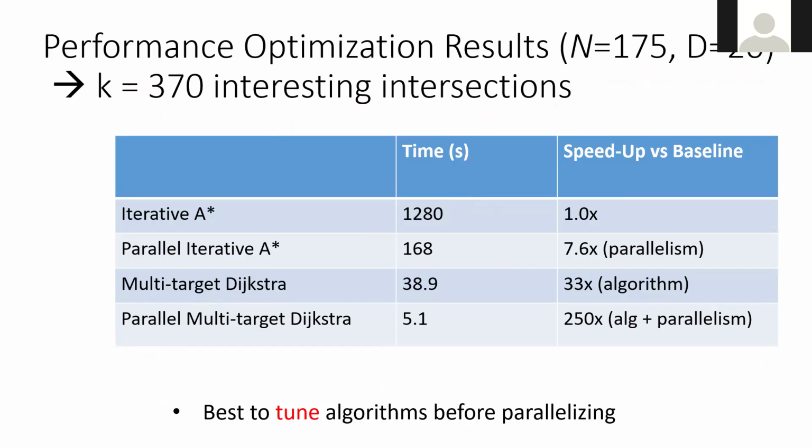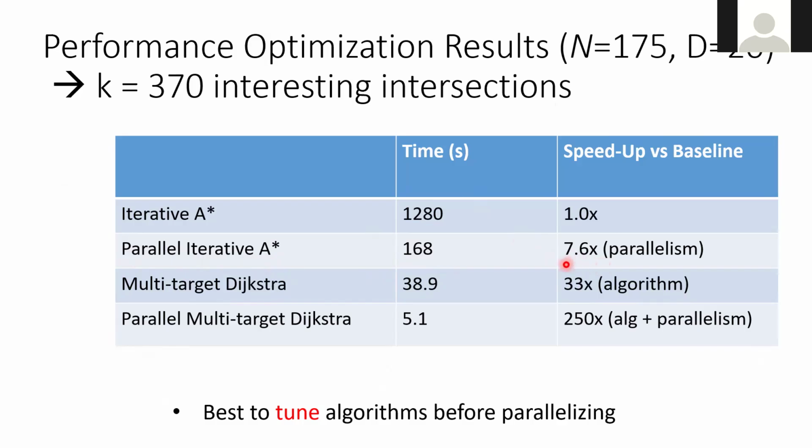If we just use iterative A star, single threaded will take 1,280 seconds, and we treat that as the base case. Then we compare parallel iterative A star. We don't do anything other than making it parallel, so we're parallelizing the k squared v log v. And we get a 7.6x speed up with parallelism.